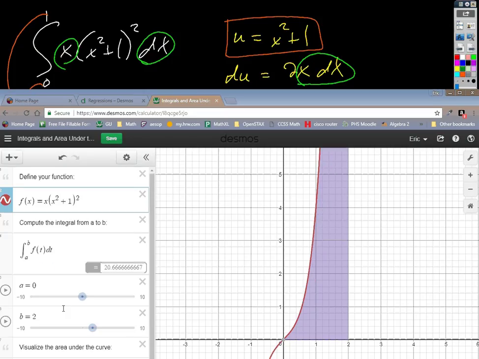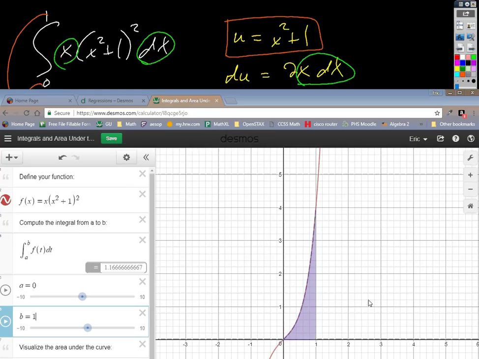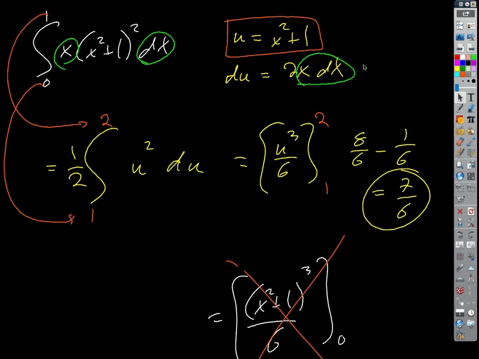And we want to go from 0 to 1. And so that's our area, right? And we end up getting, looks like, 1 1/6, so 7/6. Is that what we got? Hopefully, yeah, 7/6. Okay.